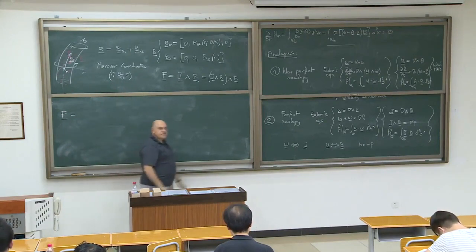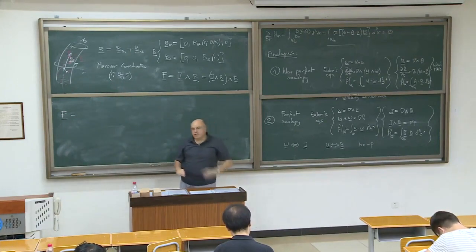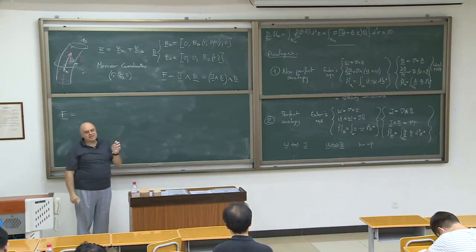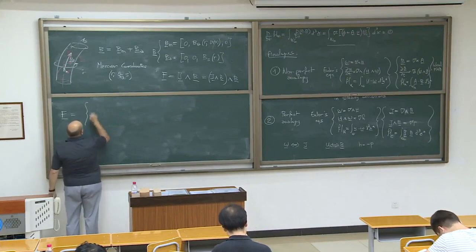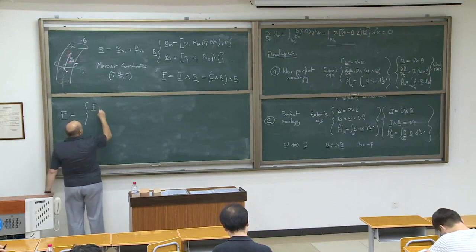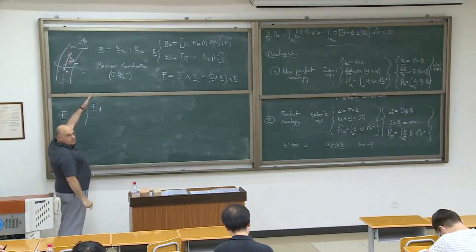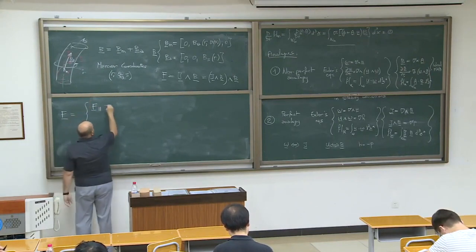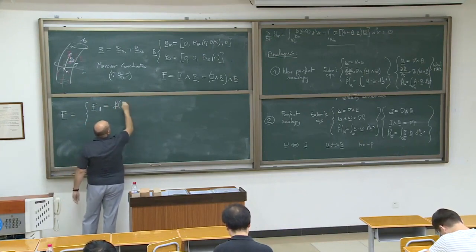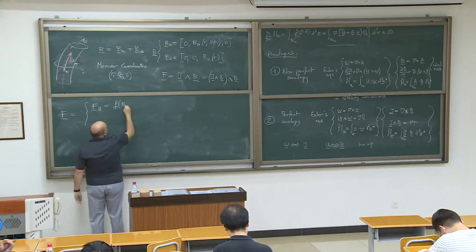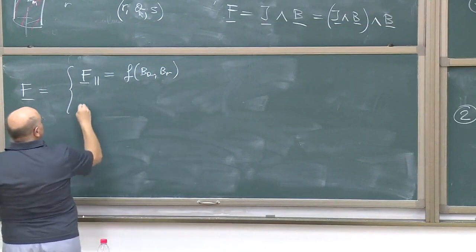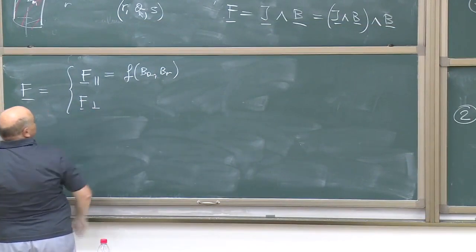But these are not very useful. So we can rearrange these three contributions into basically two contributions. F will be made by an F that is parallel to the axis of the tube, a function of the field components BA, BM, B theta, and BR, and an F perpendicular.